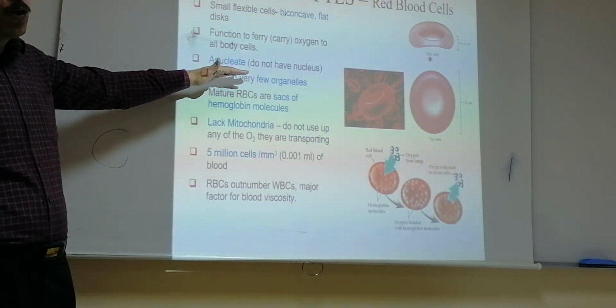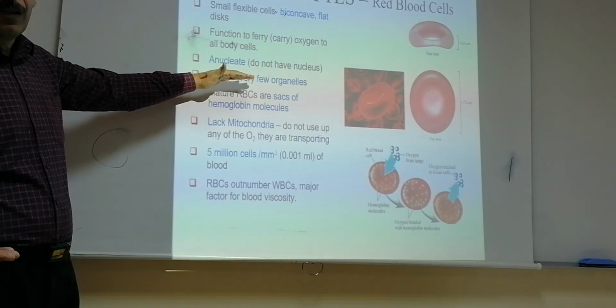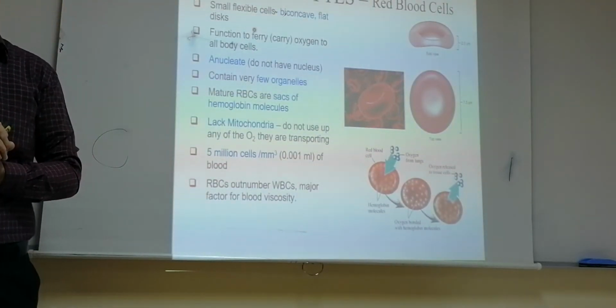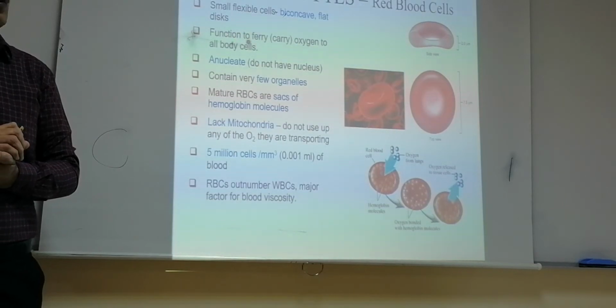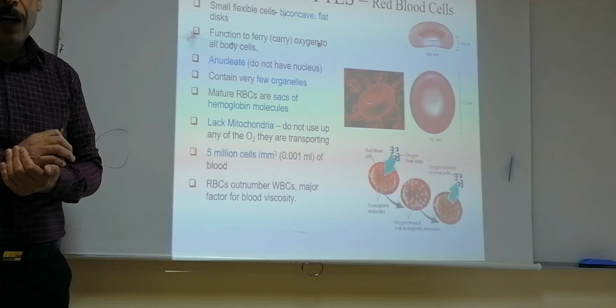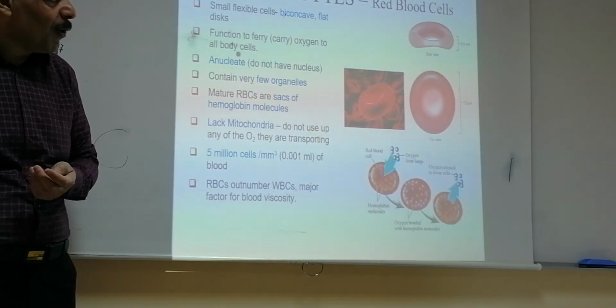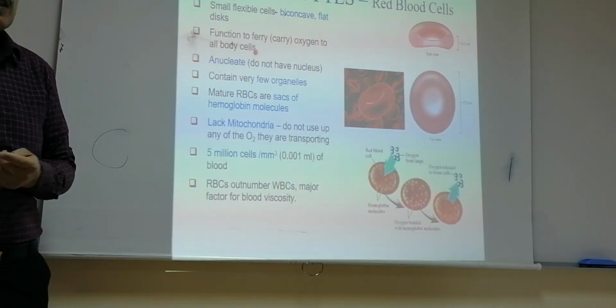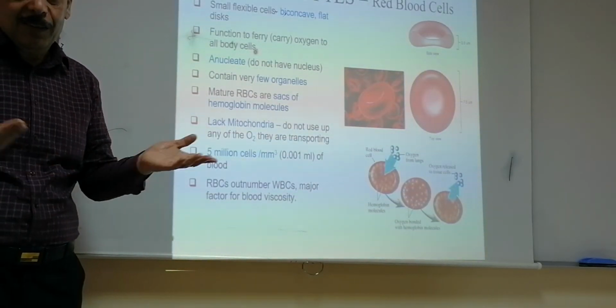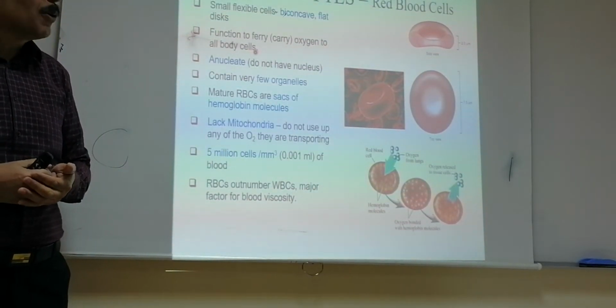It is an anucleated cell, so it is a cell that doesn't have a nucleus. So it cannot multiply after it is released from the bone marrow. It will not multiply in the blood because there is no nucleus.